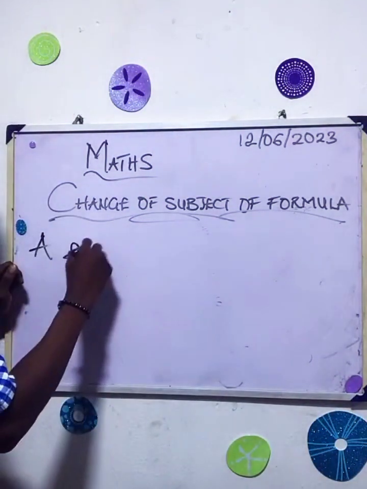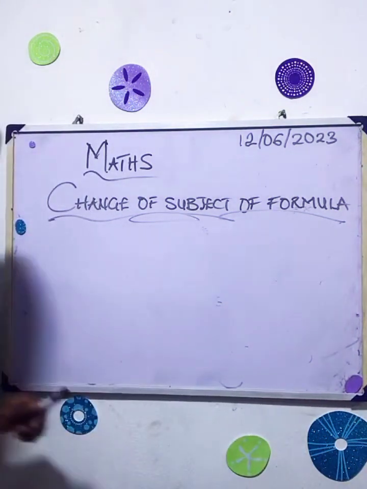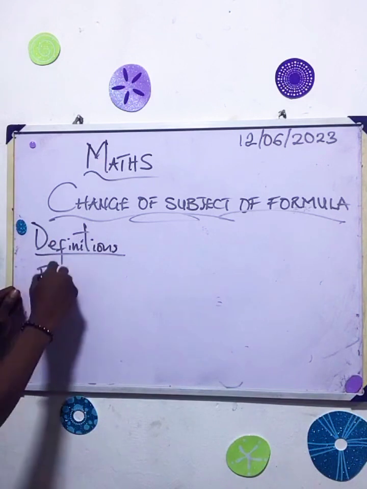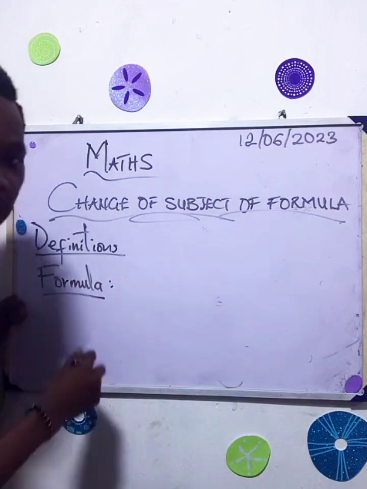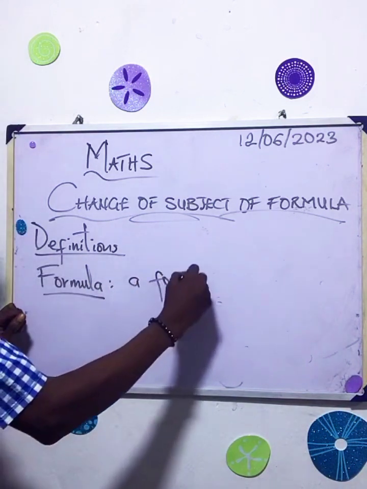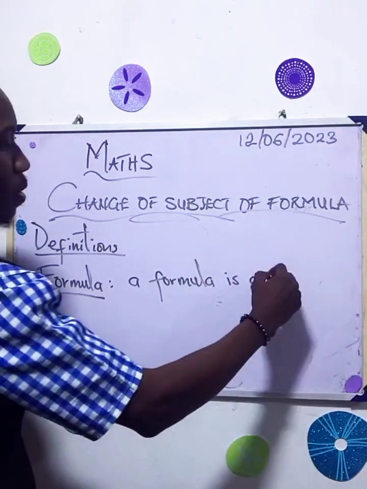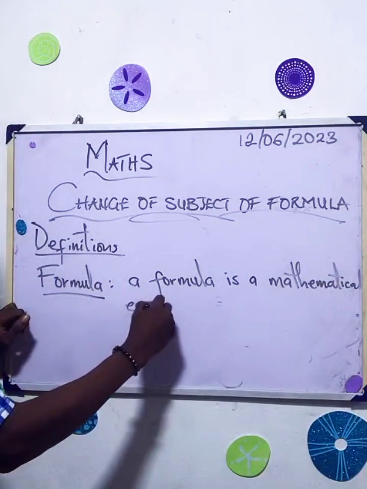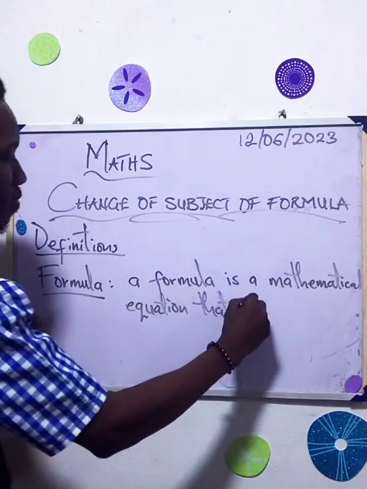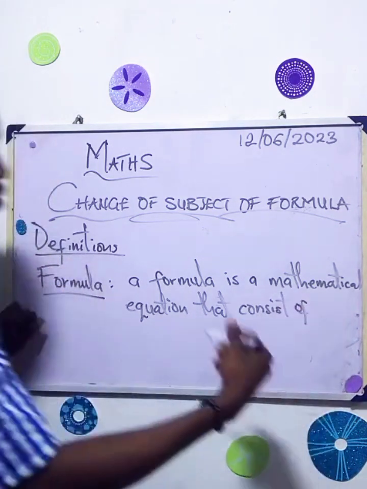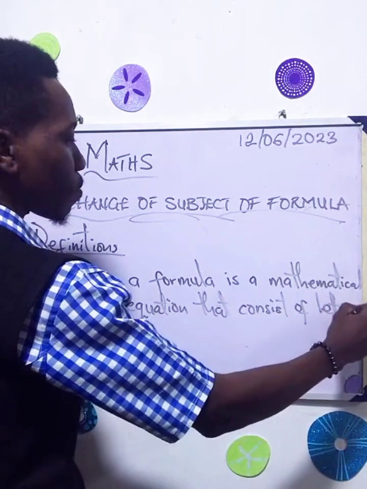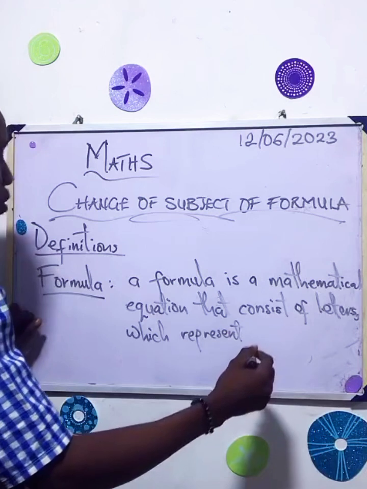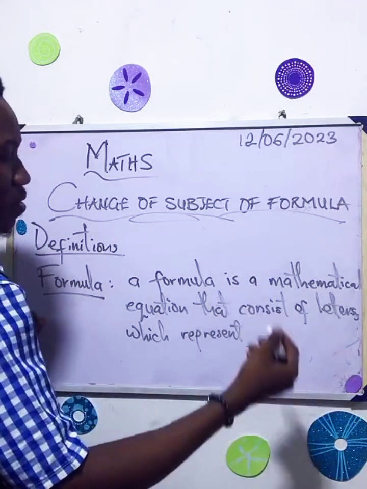So a formula is a mathematical equation that consists of letters which represent quantities or values.